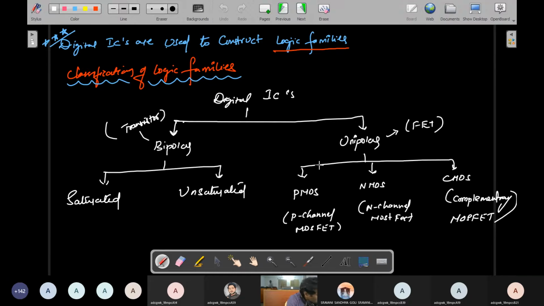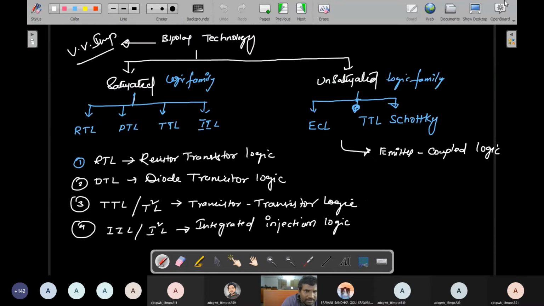Metal oxide semiconductor circuits. Today I give some introduction about metal oxide semiconductor circuits or logic families.